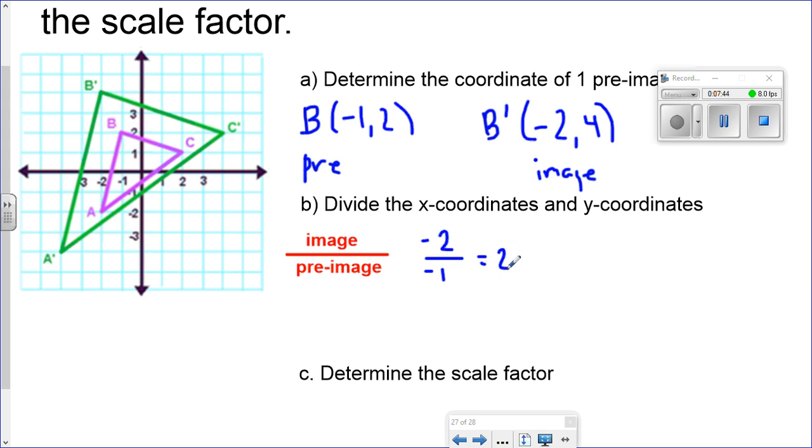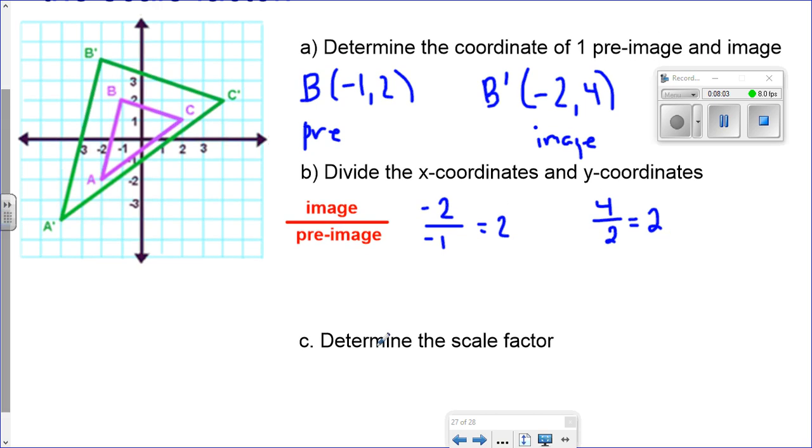And then we're going to do the same for the y-coordinates. So we're going to do the image, which is 4, divided by the pre-image, which is 2. And 4 divided by 2, we get 2. So you see how those are the same. So that means the scale factor, or K, is 2.